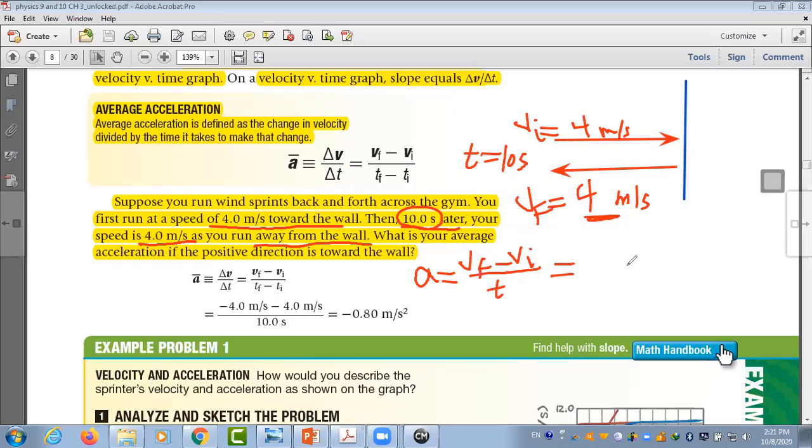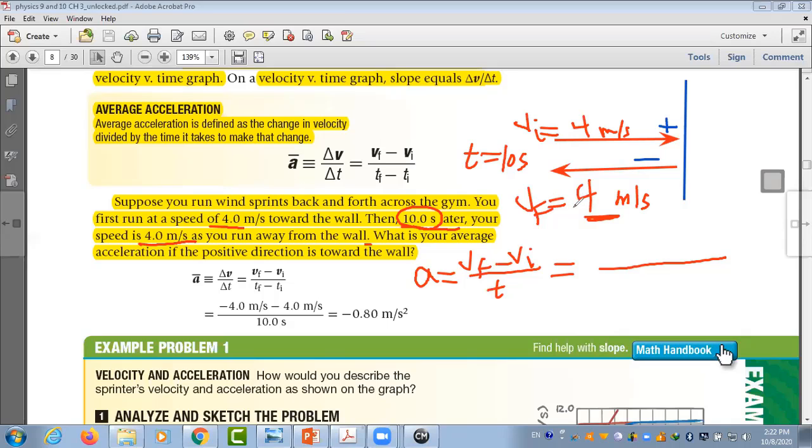What is the value of Vf? It is 4, right? But pay attention, we changed the direction. If this direction was positive, now he is moving in the negative direction. If the direction toward the wall is positive, the direction away from the wall is negative. So will Vf be 4?